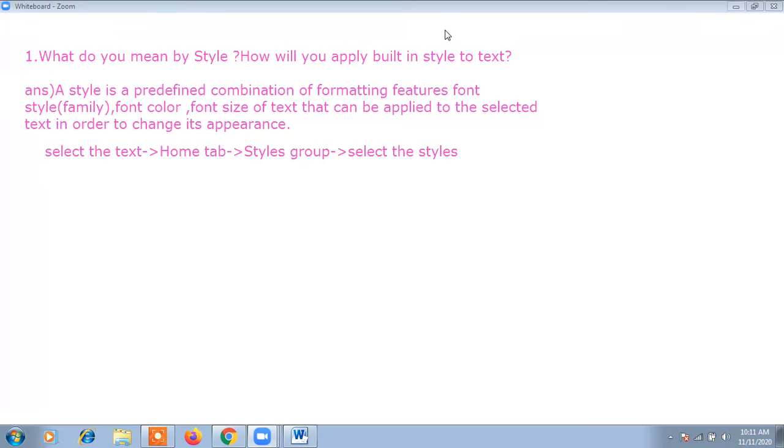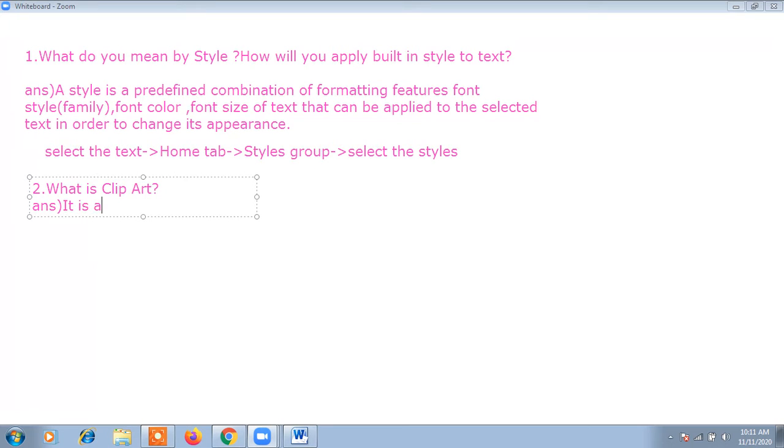Now the second question. Is the first question clear to everyone? Yes, sir. Now the second question is, what is clip art? Now the answer of the second question.